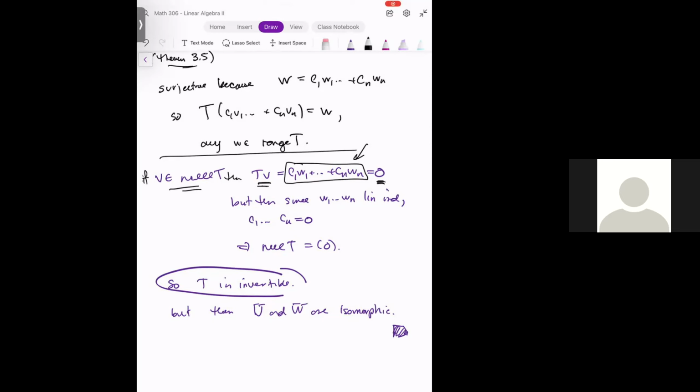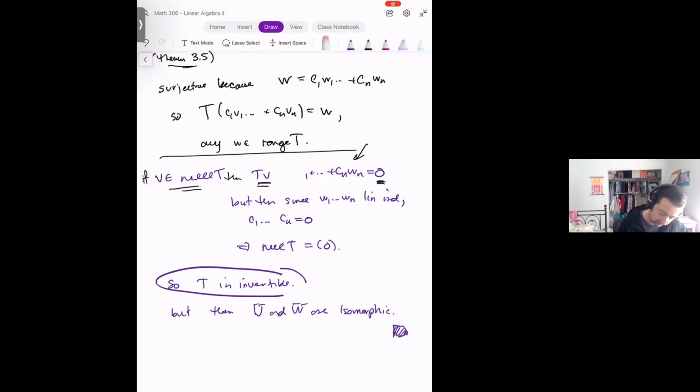Oh, I see now. The way I should have written it is like this, so I can fix this so it's clearer what's going on. If you're in the null space, then T of V is equal to 0. That's what it means to be in the null space. On the other hand, TV is also equal to C1W1 plus up to CNWN, just as an element of the range. Anything in the range is in W and can be written as a linear combination of these vectors.